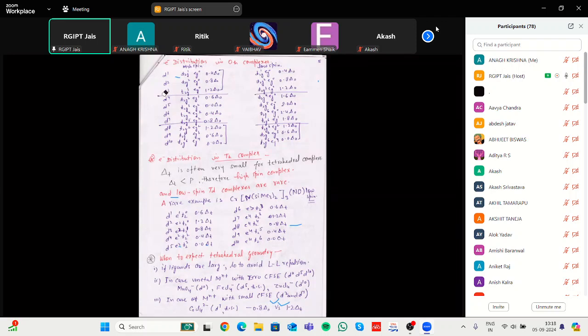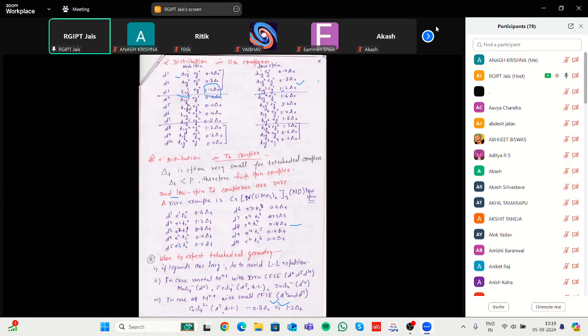D3: in the case of D3, 3 electrons are there, minus 1.2 del O, minus 0.4 into 3, that is minus 1.2. After that, this one T2G3, minus 0.4 into 3, that is minus 1.2 del O. After that, D4: there are two possibilities.